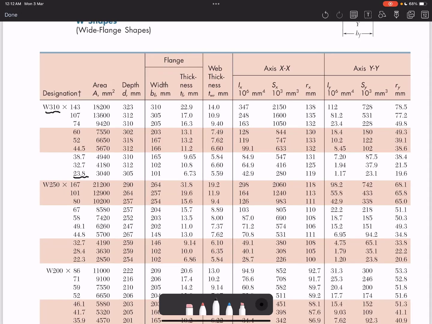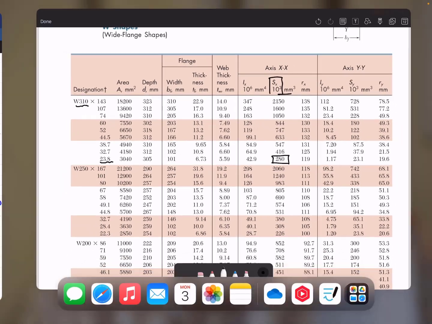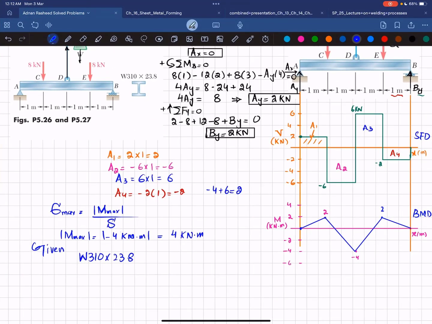So what you will get is this Sx, which is 280 into 10 to the power 3 cubic millimeter. So Sx is 280 into 10 to the power 3 cubic millimeter.